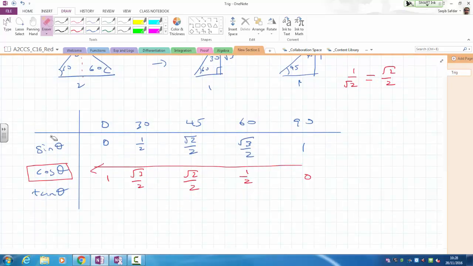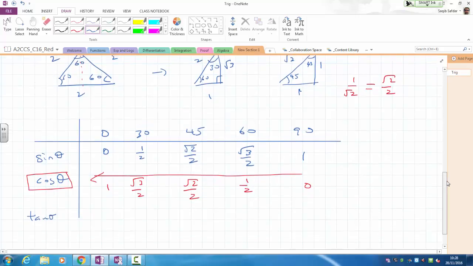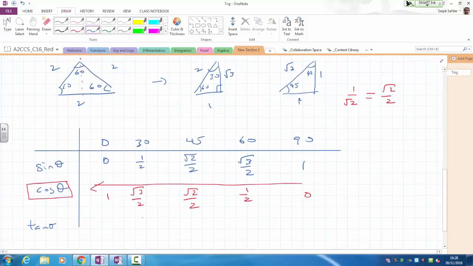And then by extension, how do you work out tan theta? You can use your values, that's correct, it is a right angle triangle, but there's also a little trick you can do. Tan theta is the same as sine theta over cos theta. So 0 divided by 1 gives us 0.